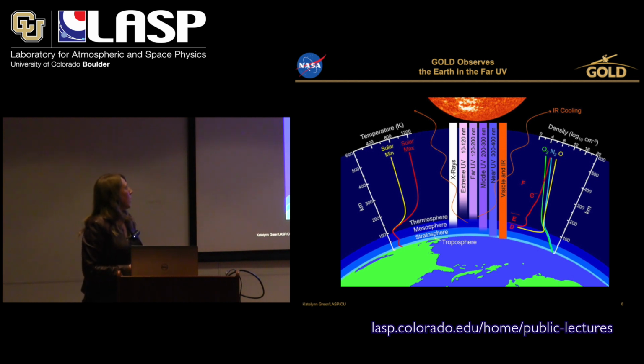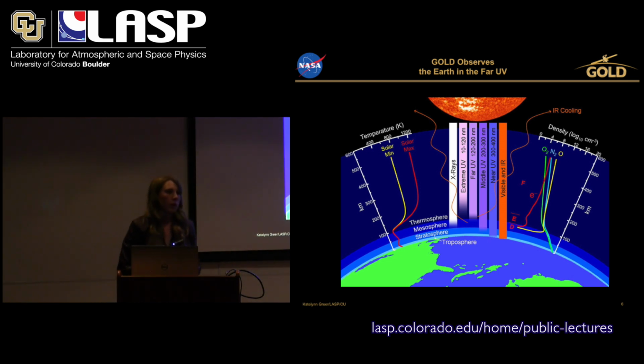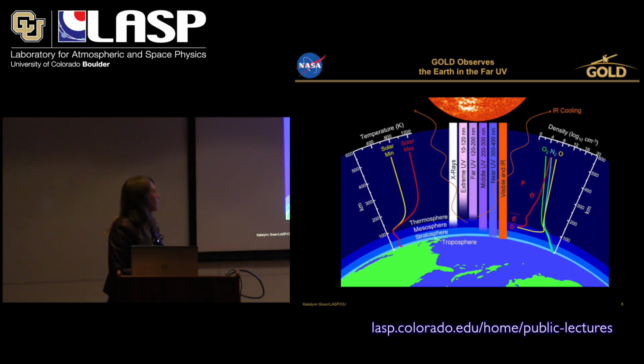There are a couple of reasons why we're interested in looking at Earth in the far ultraviolet. It can give us information on the temperature of the thermosphere. It can tell us about the plasma, or ionized portion of our atmosphere, the ionosphere. And it can also tell us about the constituents that make up the atmosphere, the oxygen and nitrogen that's there.